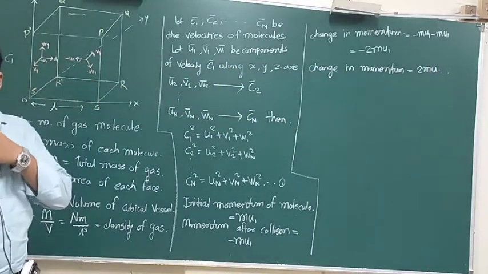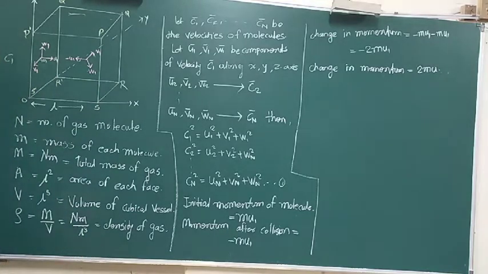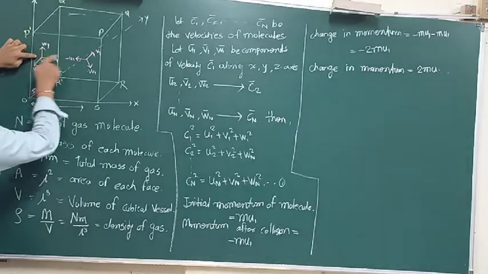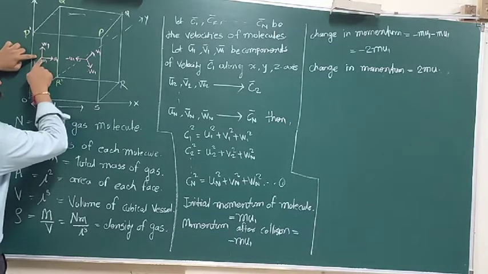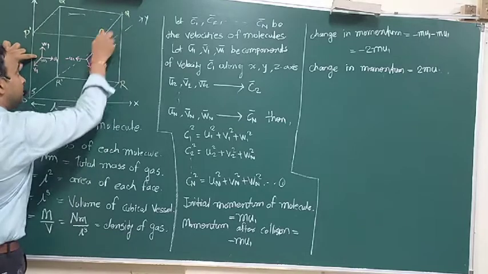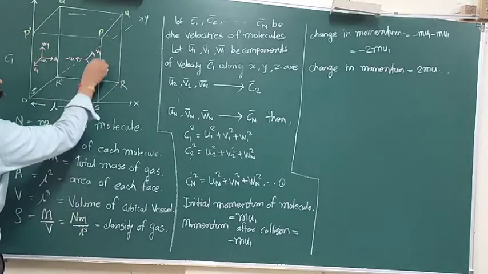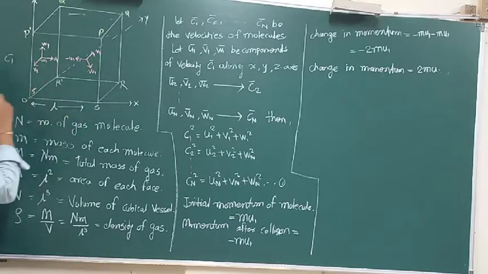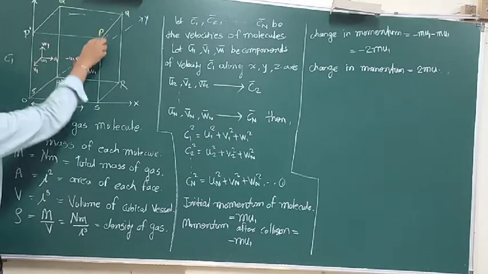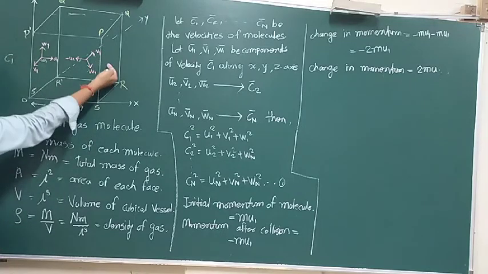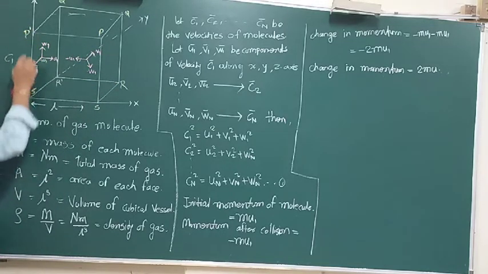Now see the distance traveled by the molecule between two successive collisions. The molecule starts from here. Firstly, it collides on the wall PQRS, then it rebounds and collides on the wall P dash Q dash R dash S dash.